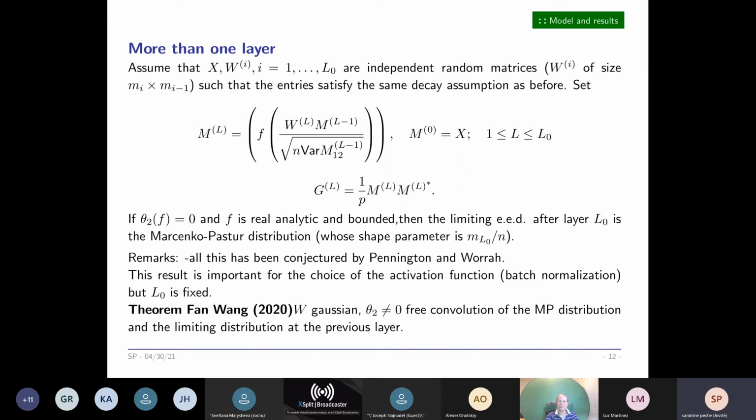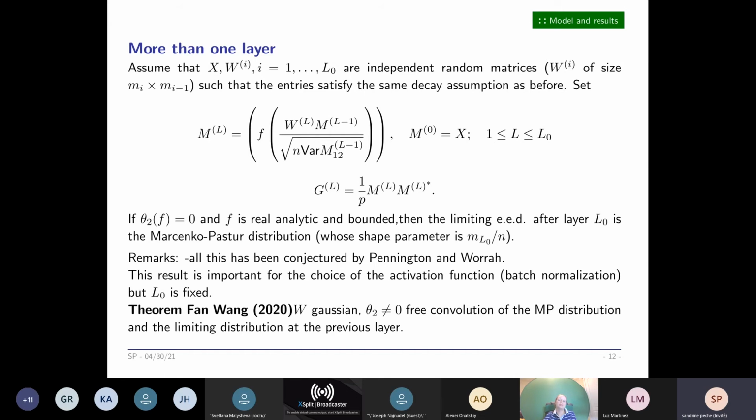So I will turn now to the multi-layer case. So far, we have stated results about only one layer, but we can also consider a fixed number of layers. So simply consider a series of weight matrices with independent entries.